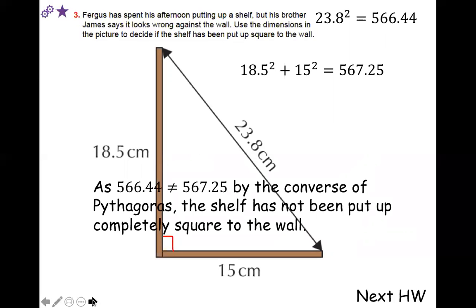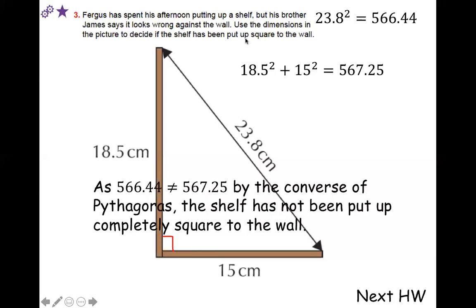To be honest, it would be so close that I would just say, look, to me, it's good enough, by one digit. But to answer this question, you would say, because the two numbers are not exactly the same, then by the converse of Pythagoras, the shelf has not been put completely square to the wall.